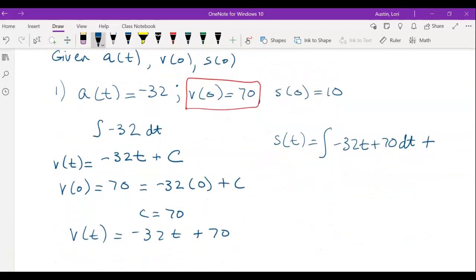Yeah, you're adding whatever S sub 0 is. Remember, this is that C value, basically. So in this case, what am I putting in there at the end? 10. So after you integrate it, you're adding that 10.